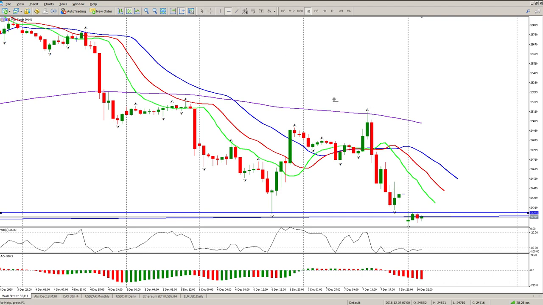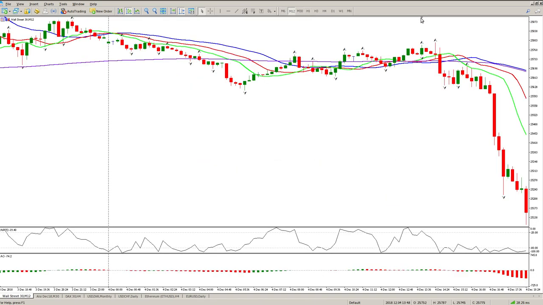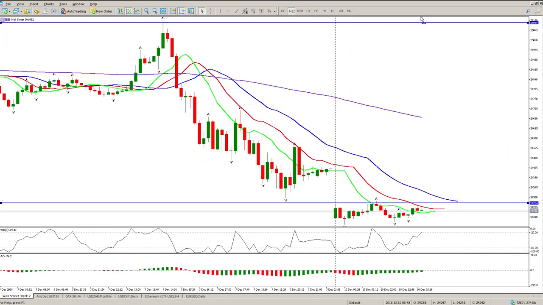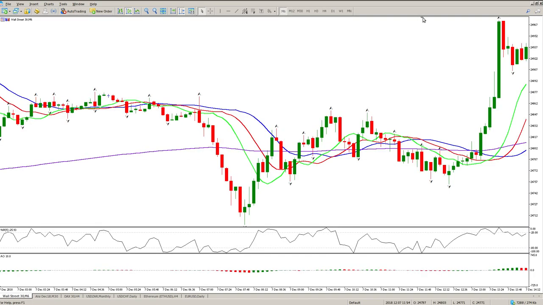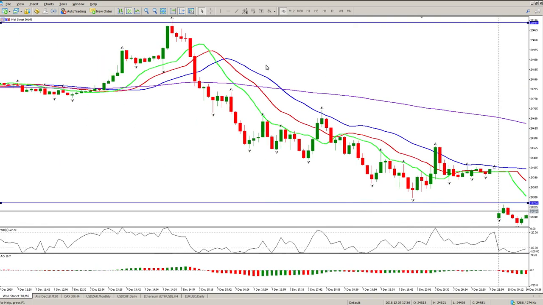And I think if we just do this, look to the left here, you can see there's a whole lot of congestion here. Lines up with a 200, come down to a 12-minute, and you can see there inside bar off a level. And even if you come down to the 5-minute, you would have seen a signal there as well.